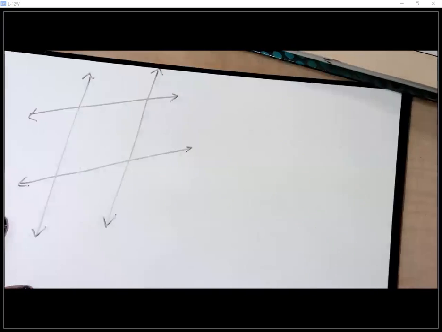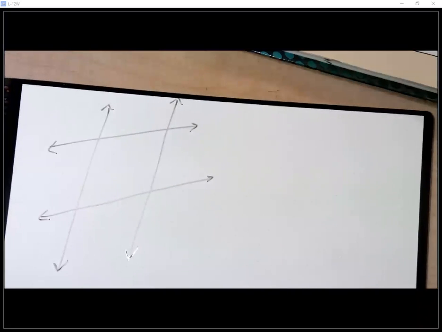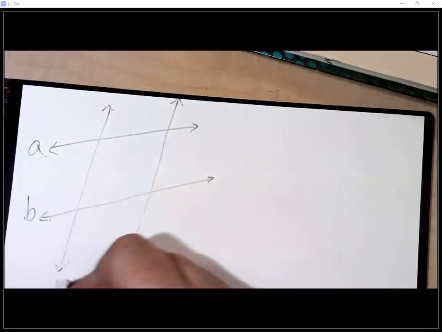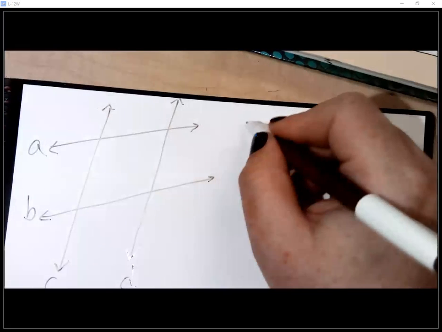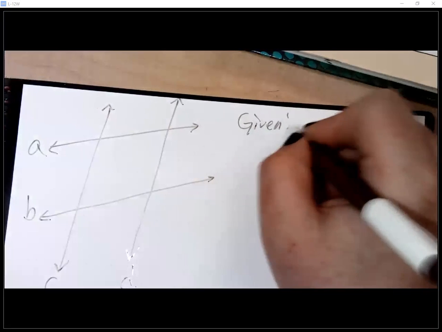Let's say, let me give all the lines their names, A, B, C, D. And let's say in the given, I got to number a bunch of angles.